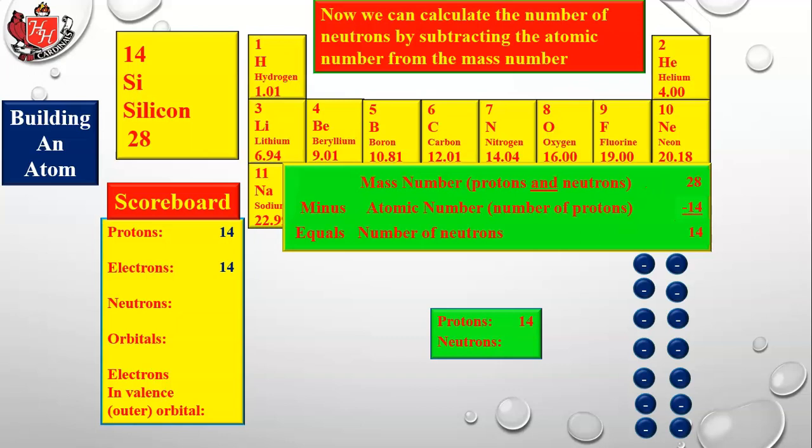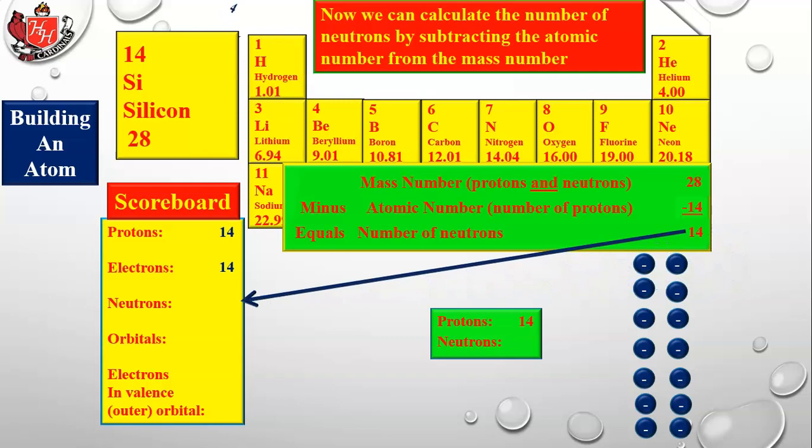If I have a bag of 28 apples and oranges, and I ask you how many oranges there are, you'd say, I don't know, there's 28 apples and oranges. Well, if I say 14 of them are apples, how many are oranges? You'd say, oh, 28 minus 14, it must be 14. There must be 14 oranges in there. Same thing here.